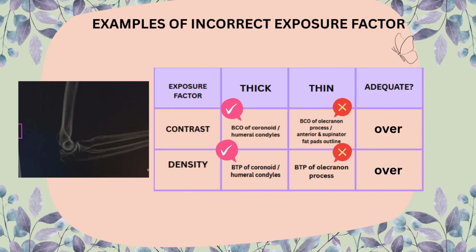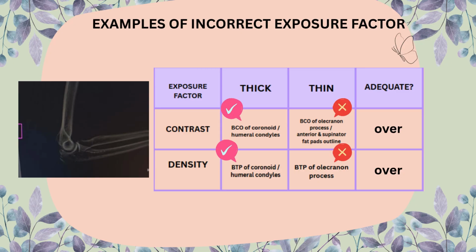Let's move on to see some examples of images with incorrect exposure factor. This image shows a lateral elbow. For thick structure, the bony cortical outline of the coronoid or humeral condyle and the bony trabecular pattern of the coronoid or humeral condyle can be seen.